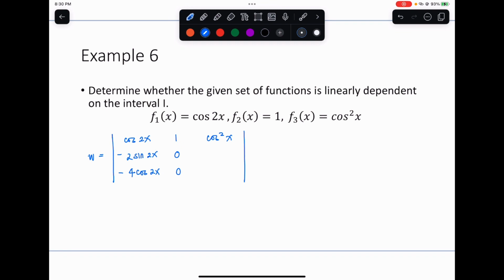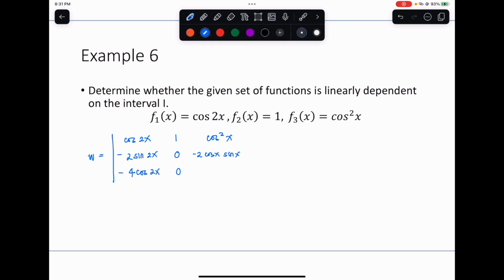Cosine squared x: using chain rule, I'll start with the power 2, then cosine x, then the derivative of cosine x, which is negative sine x. So that's negative 2 cosine x sine x.